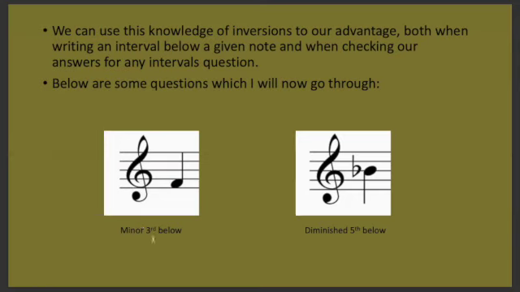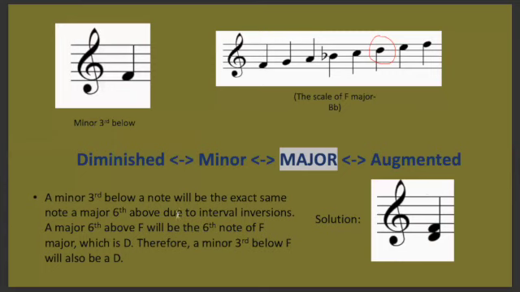So writing a minor third below the F here, and writing a diminished fifth below this B flat. It's very similar to writing an interval above a given note, but we just have an extra step to do. So, a minor third below.